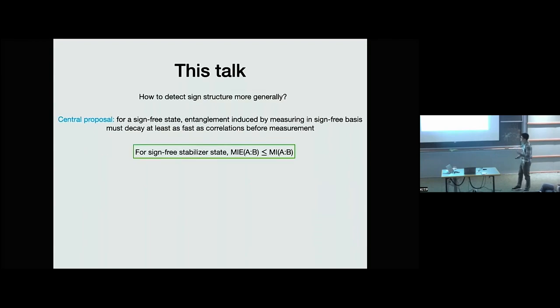So first, we can show that for a stabilizer state that's sign-free, the measurement-induced entanglement is upper bounded by mutual information. And this allows us to place constraints on many of the dynamical steady states we've heard about this week. These hybrid circuits and measurement-driven criticality.